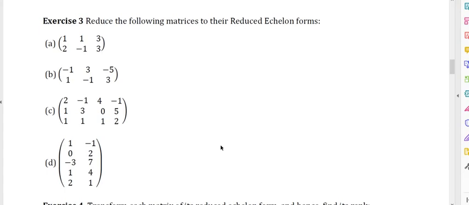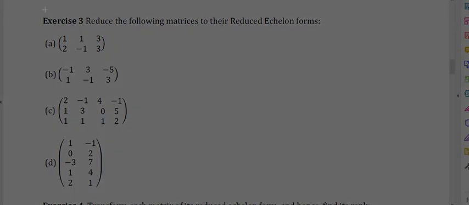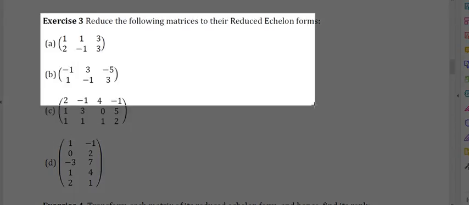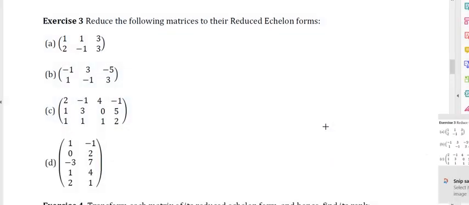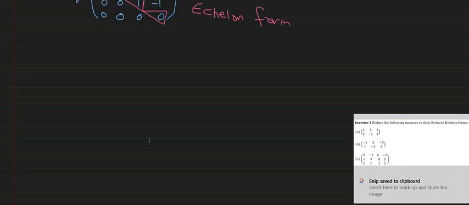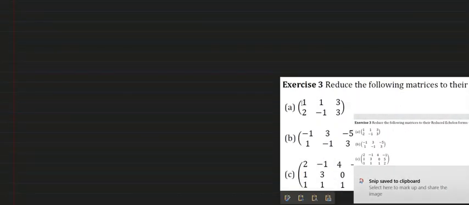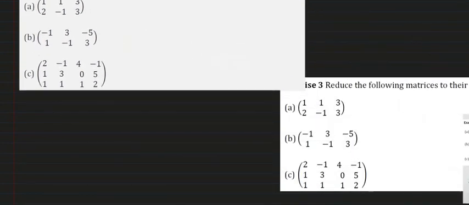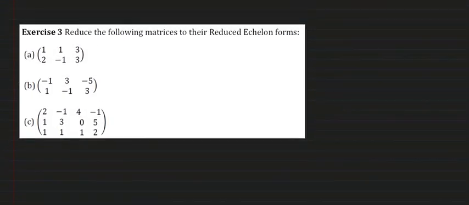This reduced echelon form, we need to discuss exercise C. Let's do number C. Let's do number B and C, and the rest to be left to you as an exercise.